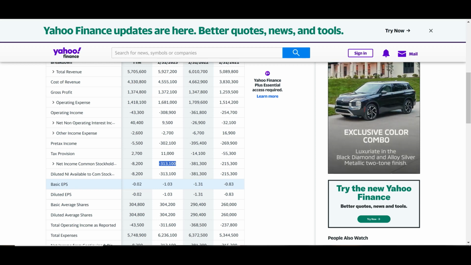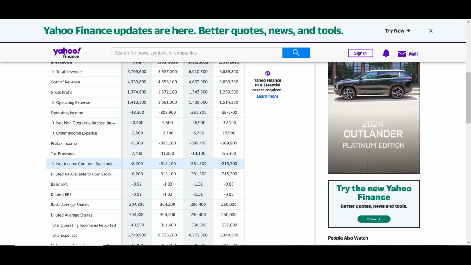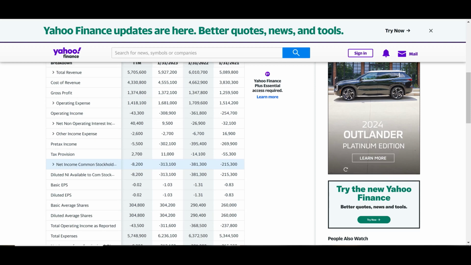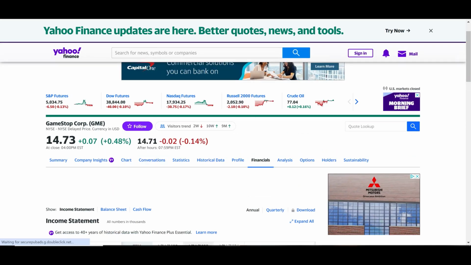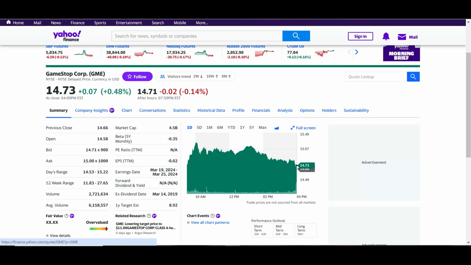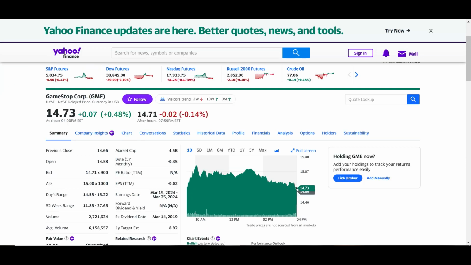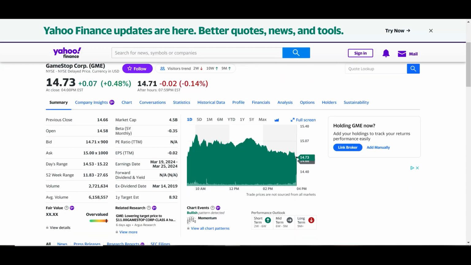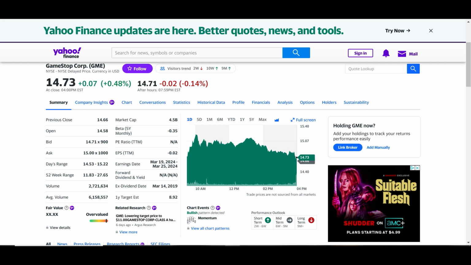If you're a person who's thinking logically, you do not want to invest in GameStop. You lose money. There's no opportunity to make any money. If you go back to the summary, you'll see the earnings per share right here is a negative figure. It's not good. So you don't want to be investing in something like this.